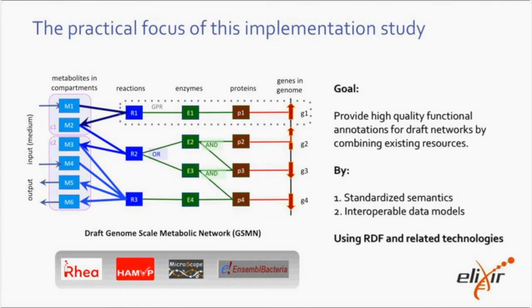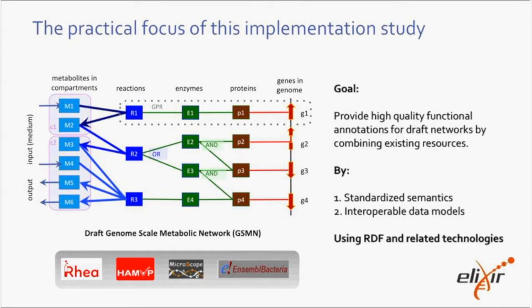How can we provide high quality functional annotations for these networks using the resources that we have at hand? And there's two aspects really to this. The first is standardizing the semantics amongst these various resources. Are we using the same terminologies to describe the various biological entities? And the second aspect is the data models. So are we using data models that are interoperable amongst these various resources?